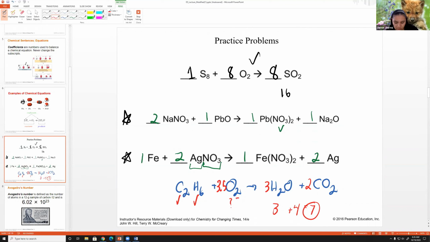Multiply the entire thing by... Perfect. Good job. So you can multiply the entire thing by 2. That would make every coefficient a whole number, an integer.